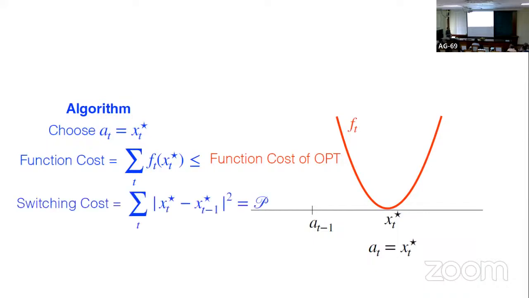But your switching cost is now as large as the path length itself. It's not directly easy to compute or compare the switching cost of this algorithm versus that of OPT, because the switching cost of OPT could be much smaller, as it tries to balance this out. Something surprising will come out in a slide. So just hold on to this algorithm, which is plain greedy and chooses the action to be the local minimizer.